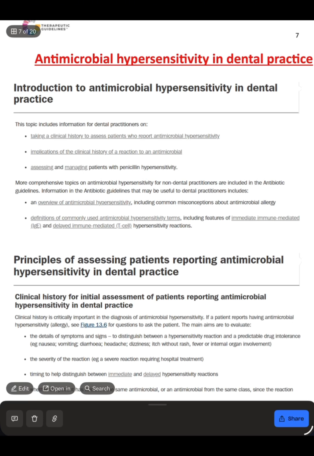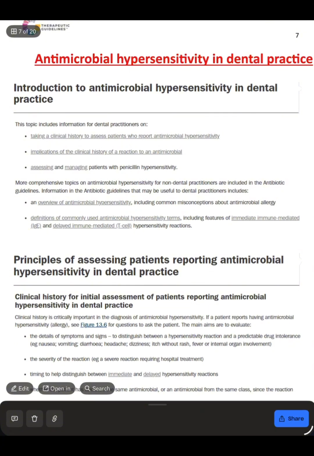Information in the antibiotic guidelines that may be useful to dental practitioners includes an overview of antimicrobial hypersensitivity, including common misconceptions about antimicrobial allergy and definitions of commonly used antimicrobial hypersensitivity terms, including features of immediate immune-mediated IgE and delayed immune-mediated T cell hypersensitivity reactions.